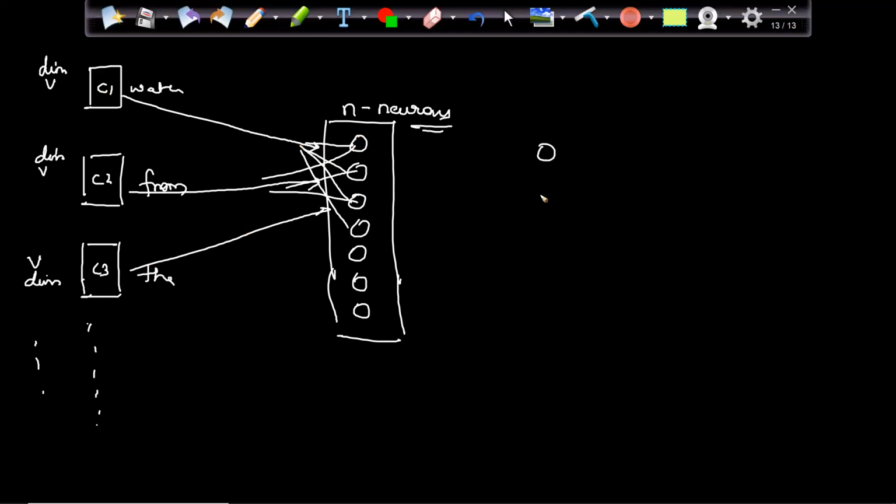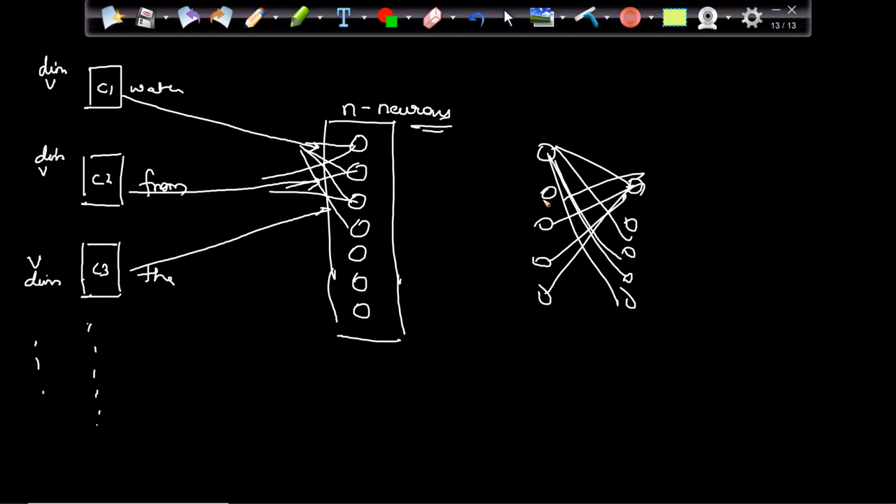These are my C1, C2, C3, these are my neurons, and then I'm connecting like this. This is known as a fully connected network.